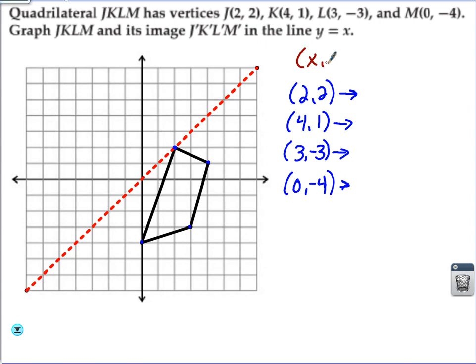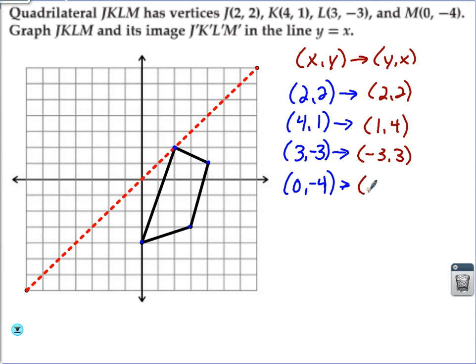XY is going to turn into YX. So Vanessa, 2, 2 is going to turn into, same thing. 4, 1 turns into, good. 3, negative 3. And 0, negative 4. You just switch your x and y. 2, 2.